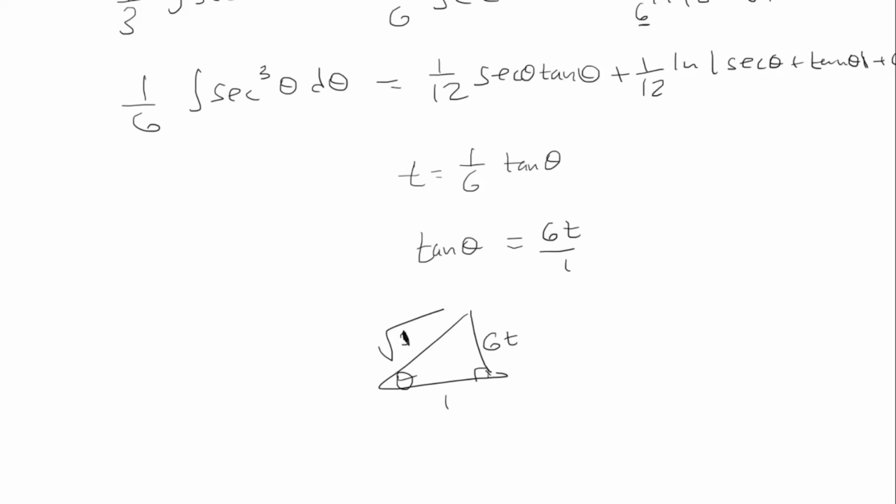We get the hypotenuse square root of 1 plus 36t squared. I can plug in secant now. Secant is just hypotenuse over adjacent. So that would just be square root 1 plus 36t squared. And then tangent is 6t, we said, plus 1/12, and then plug in again what secant and tangent are.